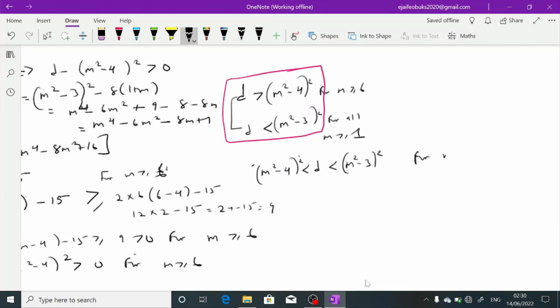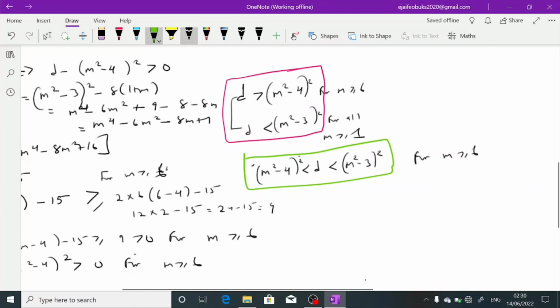I say for m greater than or equal to 6. So that means for m greater than or equal to 6, therefore we can say, therefore for m greater than or equal to 6, d lies between two perfect squares.